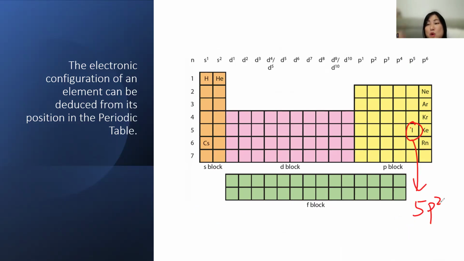Sometimes what people do is go back upwards one step to the nearest noble gas, and you find that it's Kr. Kr is in row number 4, so the next row is 5. Kr already represents the chunk in front: 1s2, 2s2, 2p6, 3s2, 3p6, 3d10, 4s2, 4p6, and so on.